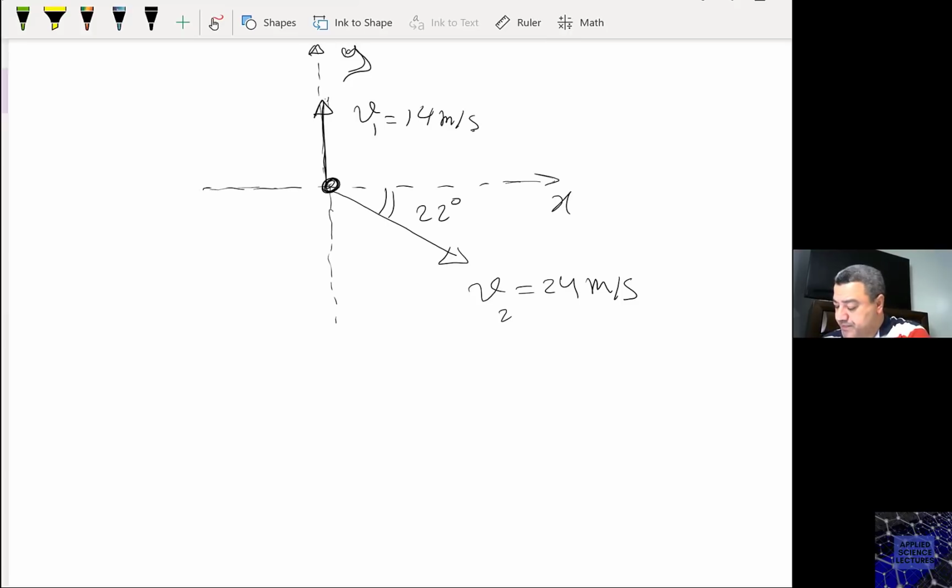This is Y. Okay, so they have the same mass. So I have mass being the same for all of them, M. I need V3, velocity.